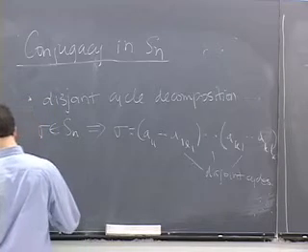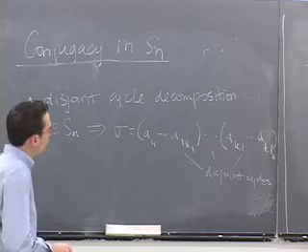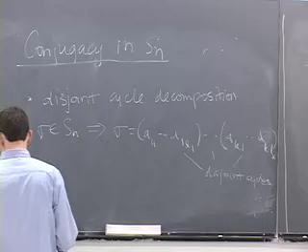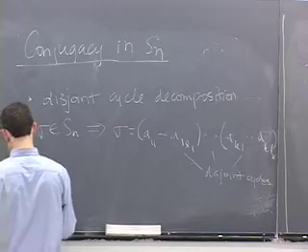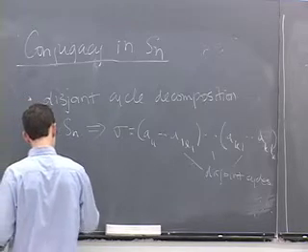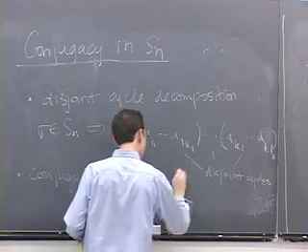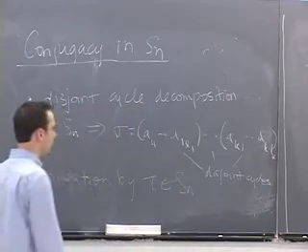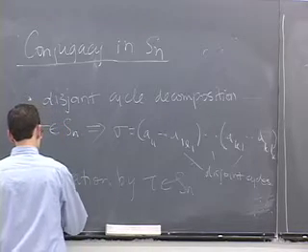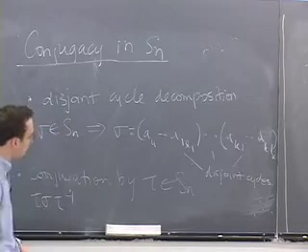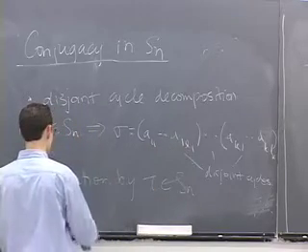And then from this, we get a lot of information about conjugacy. We can write down exactly what conjugation means. So conjugation by some element tau in S_n, some other permutation, has a sort of visible effect on the disjoint cycle decomposition.